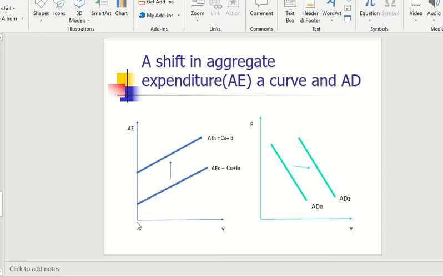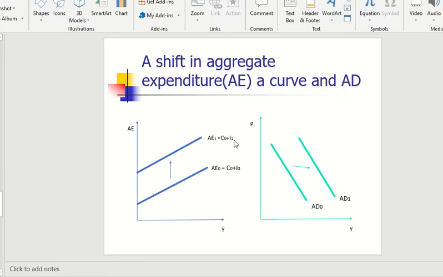So as you can see, initially we have this initial aggregate expenditure, which is a sum of consumption and investment. As investment picks up because firms are very optimistic about the future, we now have an upward shift of the aggregate expenditure function. But please note that the consumption function stays the same, but investment now has increased.